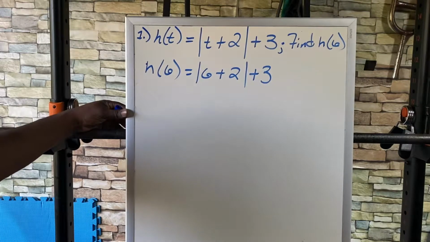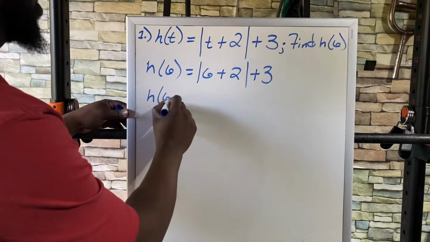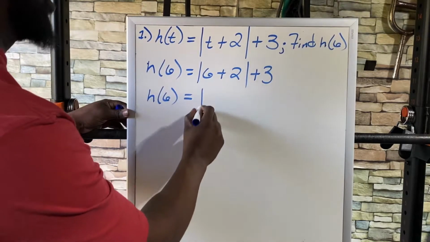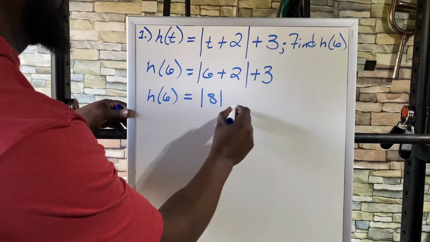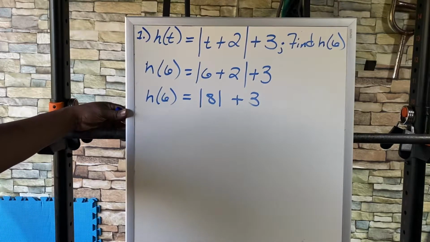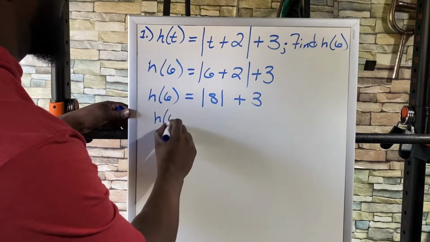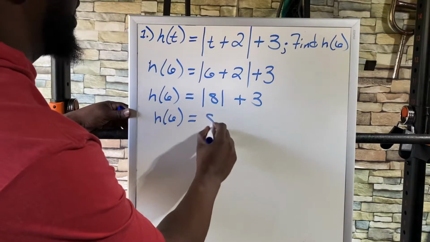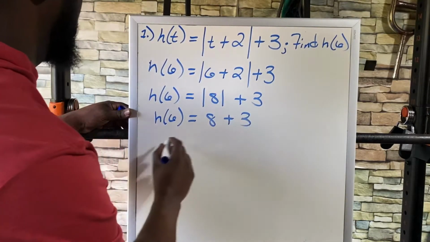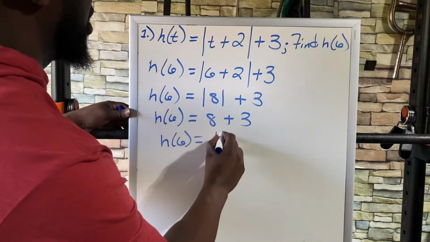We're going to work the absolute value first. H of 6 equals the absolute value of 8 plus 3. The absolute value of 8 is 8. H of 6 equals 8 plus 3. H of 6 equals 11.